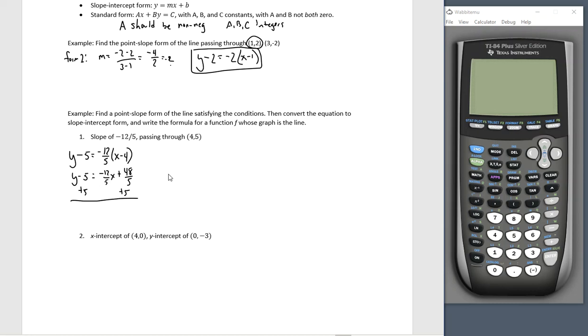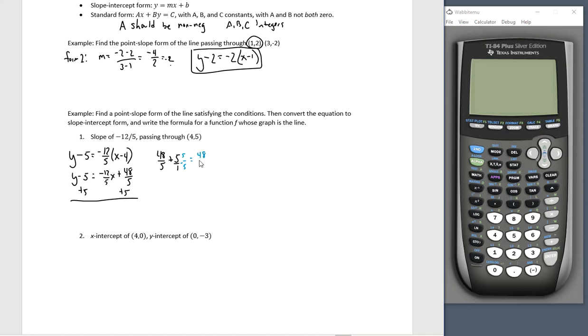Keep in mind that when we're adding 5, we have 48/5 plus 5 over 1. We need a common denominator in order to add fractions.